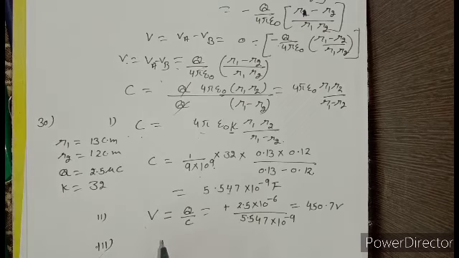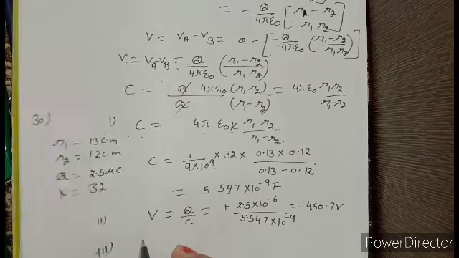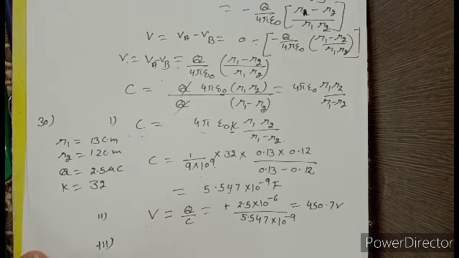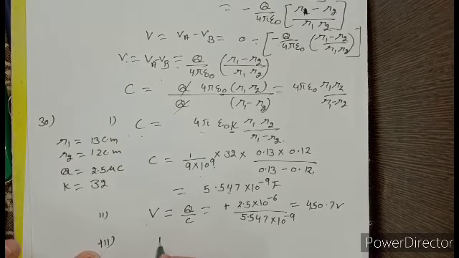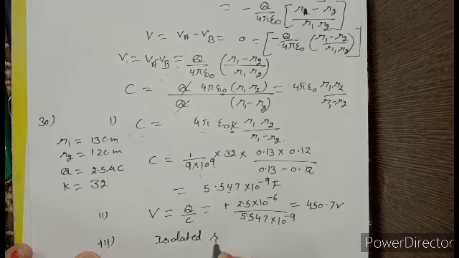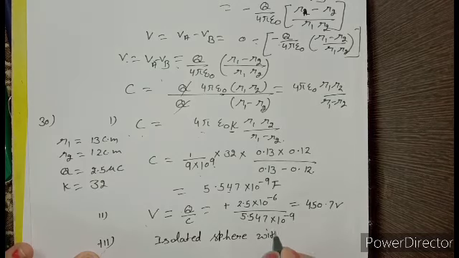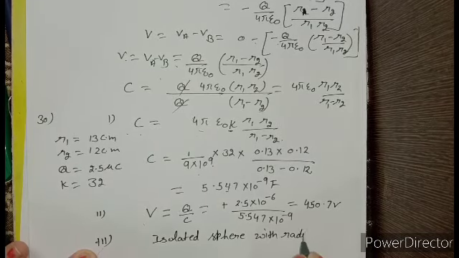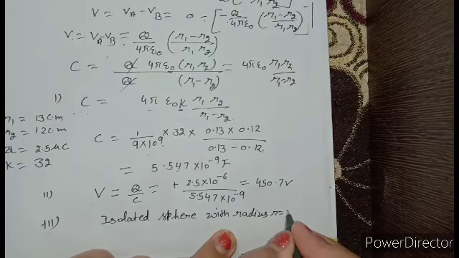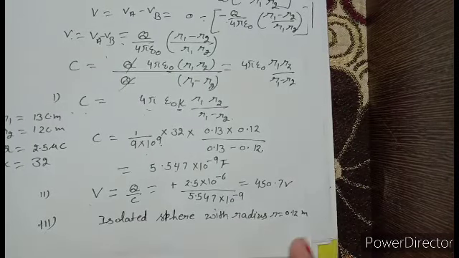compare the capacitance of the capacitor with that of an isolated sphere of the radius 12 centimeter. Okay, here we have the isolated sphere with radius r equal to 0.12 meter, right?